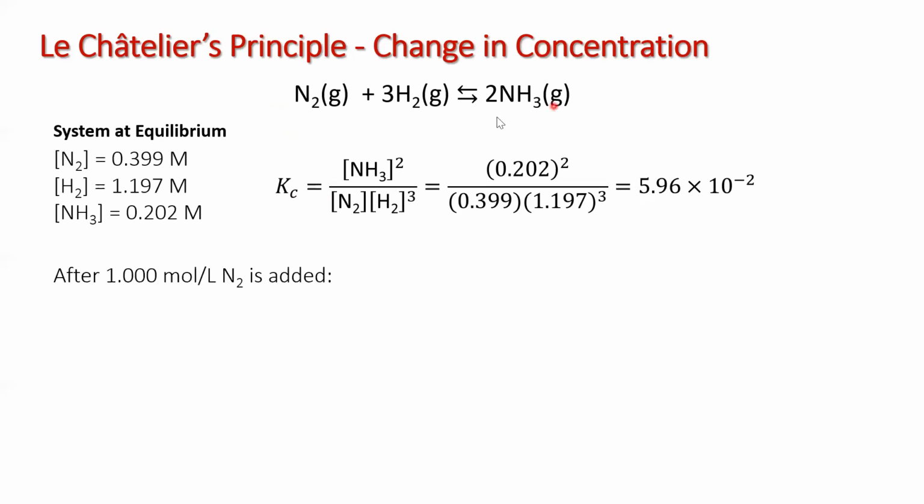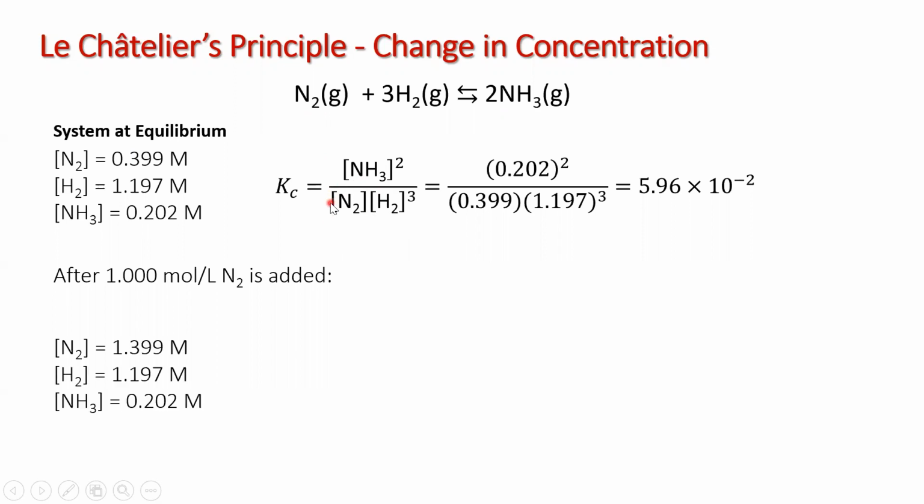Let's say that we add 1.000 moles of nitrogen to a 1 liter container of these substances. So we're increasing the amount of nitrogen in the container. We're increasing this number.